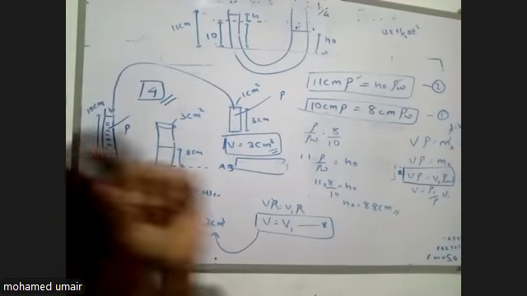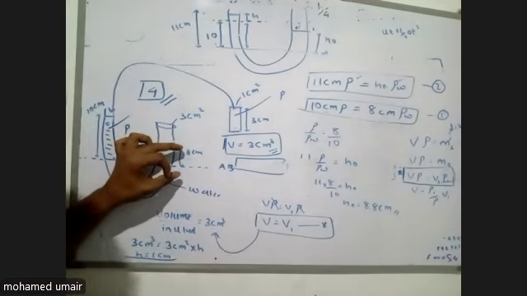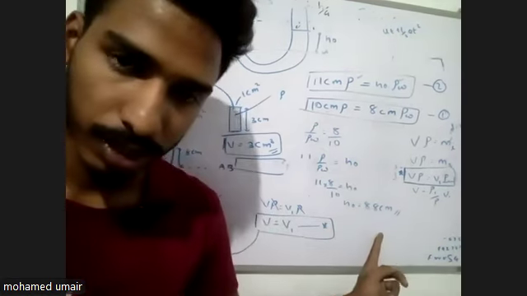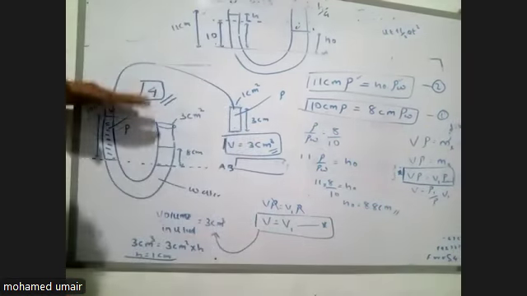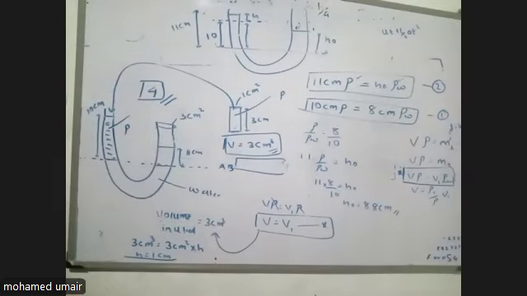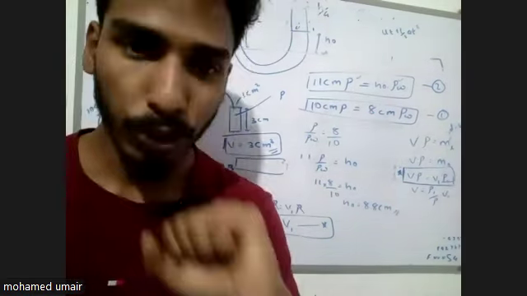Now you can see another point. The height was 8 centimeter. It became 8.8 centimeters. Just because this was increasing, this doesn't decrease. This is also going to increase. There's a method to find that as well. Do you know that method?